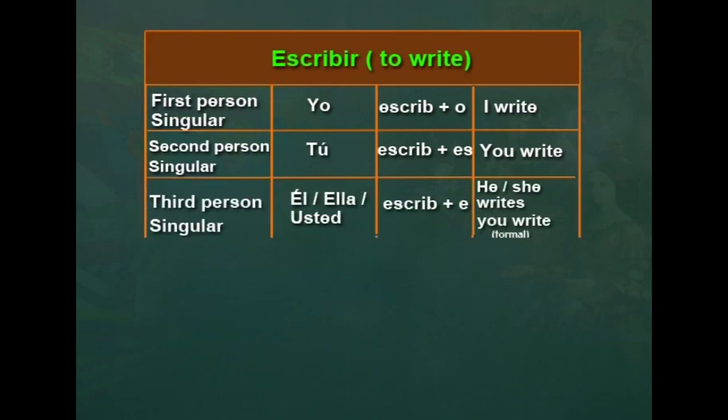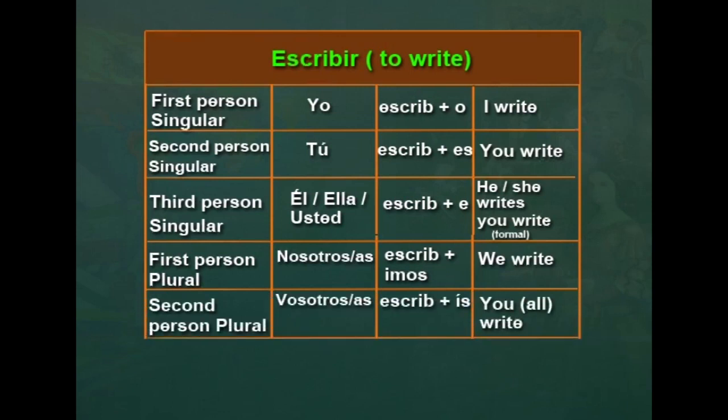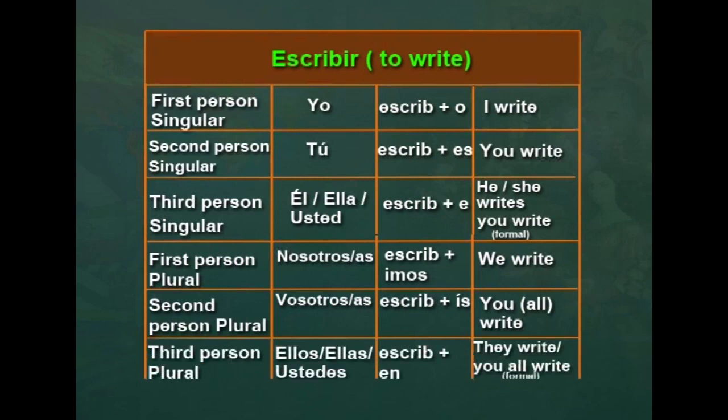Now, third person singular, él, ella escribe, he or she writes, or usted escribe, you write. Now, let's look at the plural section. Nosotros, nosotras escribimos, we write. Vosotros, vosotras escribís, you all write. Ellos, ellas escriben, they write, or ustedes escriben, you write.